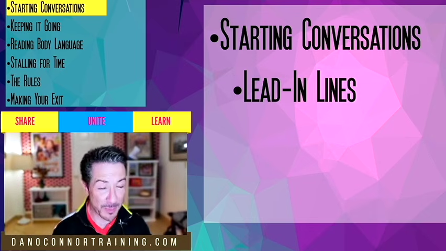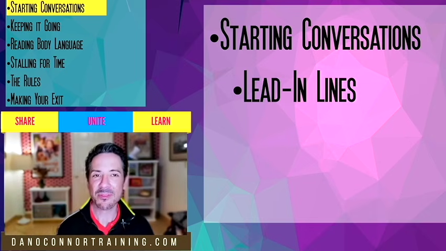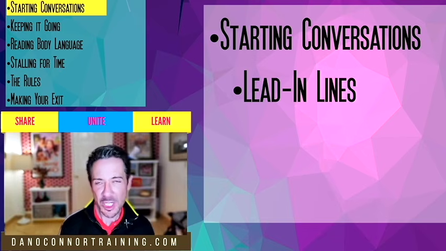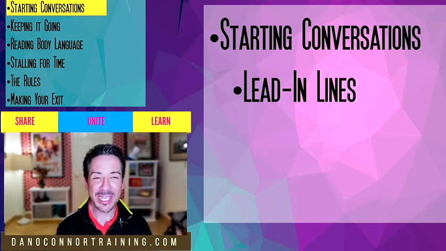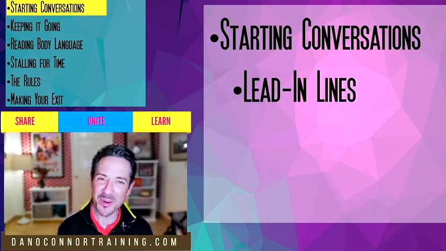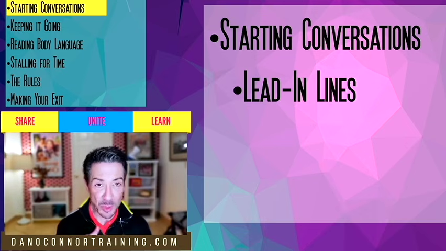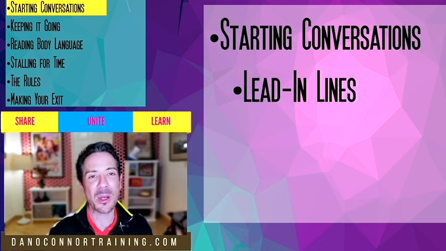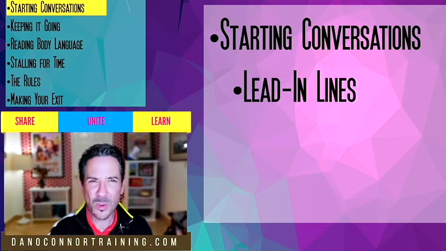But now let's say we've got the conversation started. When you ask the average person, instead of, so what do you do? Or where do you work? Or where are you from? If you were to ask the average person, so tell me about where you're from, or tell me about what you do, you will notice that most people will start with, well, and they'll have to all of a sudden think about what it is that they do, or where it is that they work, where it is that they're from.